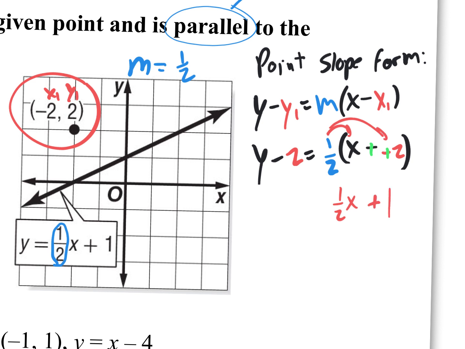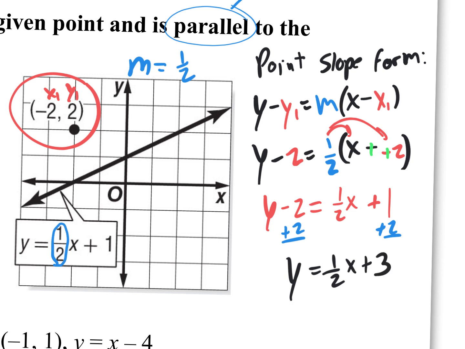It's positive 1. And then bring down the equal sign, bring down the y minus 2. All you need to do now is get y by itself. To have it in slope-intercept form, you would add 2 and add 2, and that'll be y equals 1/2 x plus 3.